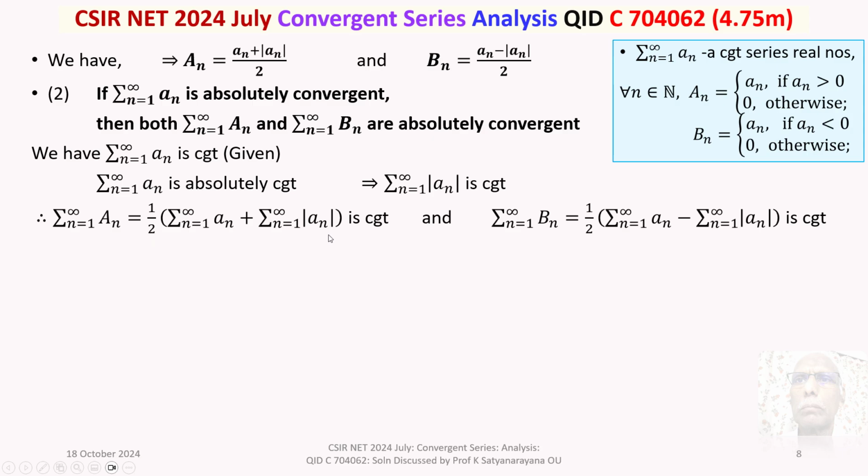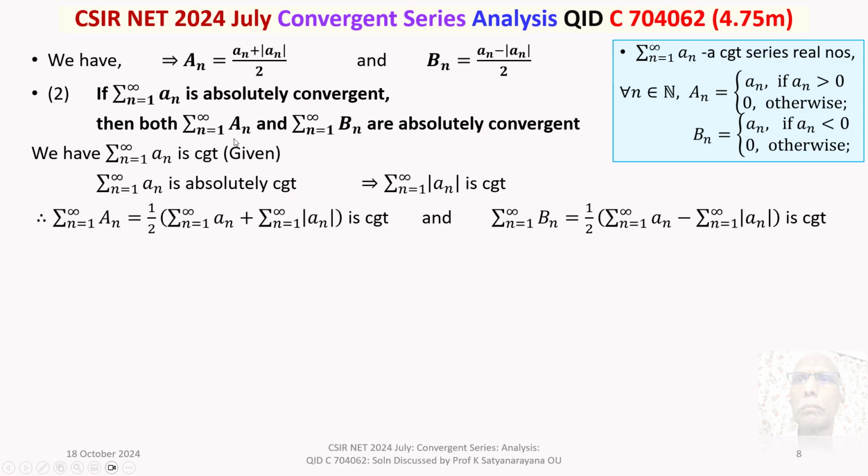The sum of two convergent series is convergent. And sigma capital Bn is equal to 1 by 2 into the whole of sigma n equal to 1 to infinity An minus sigma n equal to 1 to infinity mod An. Both are convergent and the difference is convergent. Therefore, sigma Bn is also a convergent series. So thus we have achieved that sigma capital An and sigma capital Bn are convergent.